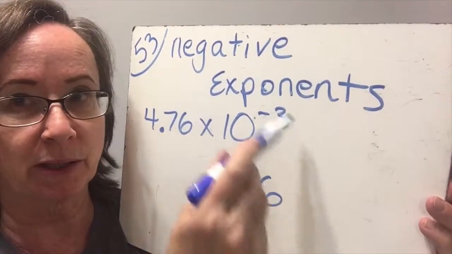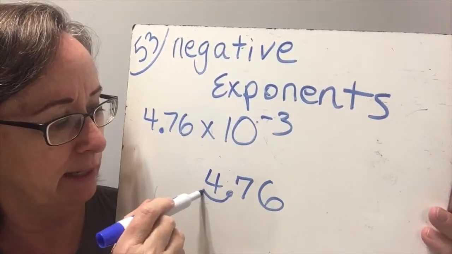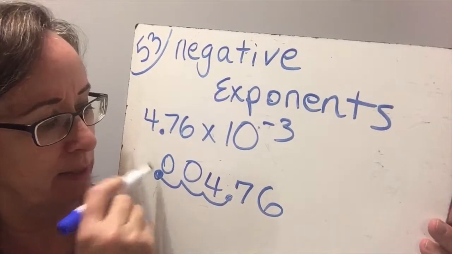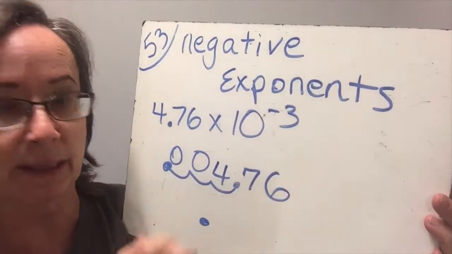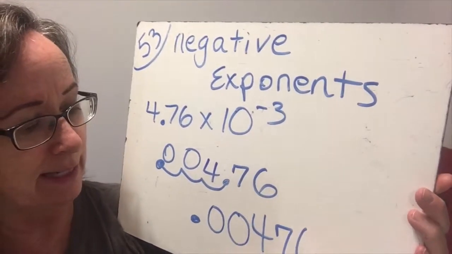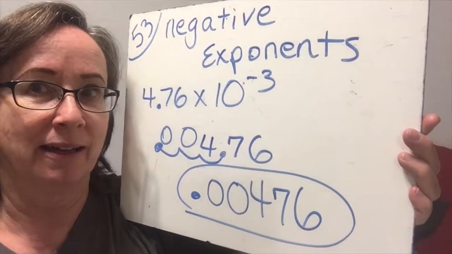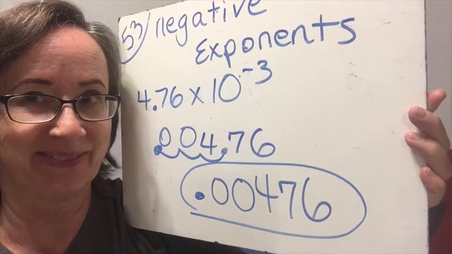The real number has a decimal 3 steps to the left. So 1, 2, 3. Put your new decimal there, and the new number, the number that this really is supposed to represent, is 0.00476. And now we're learning to go back to standard form from scientific form.